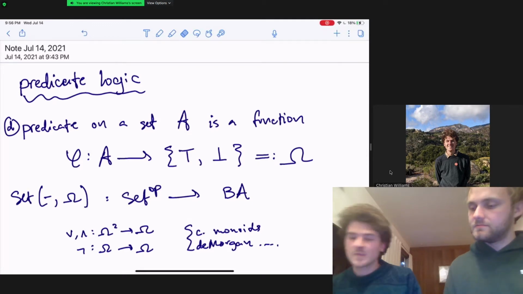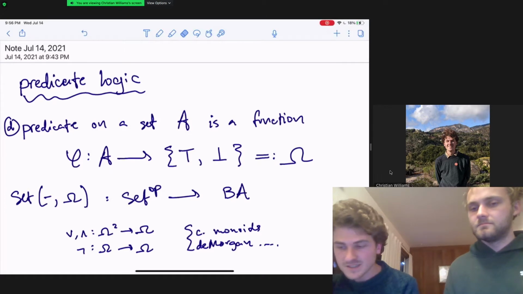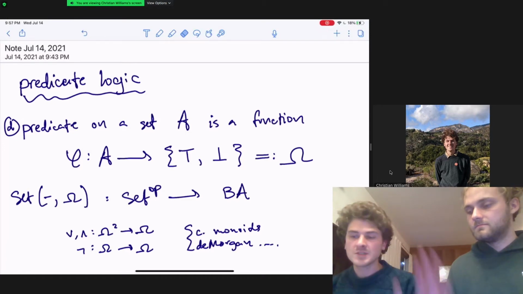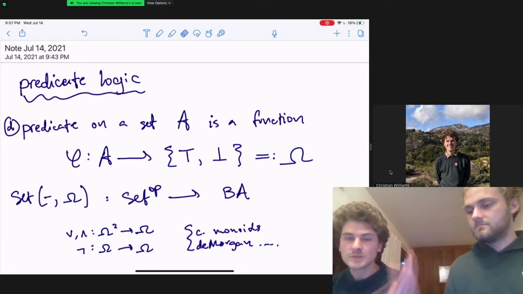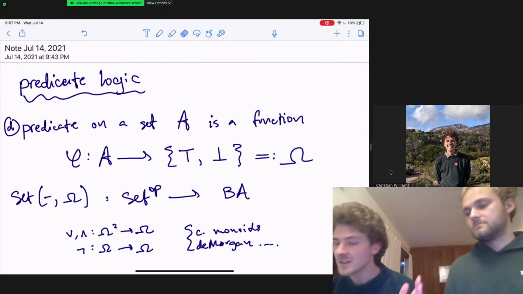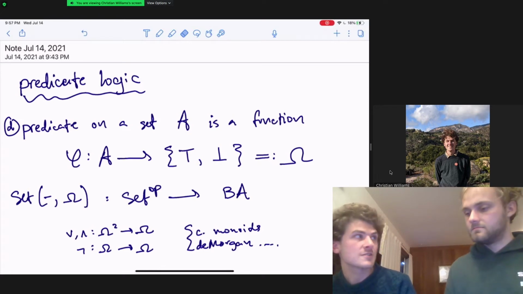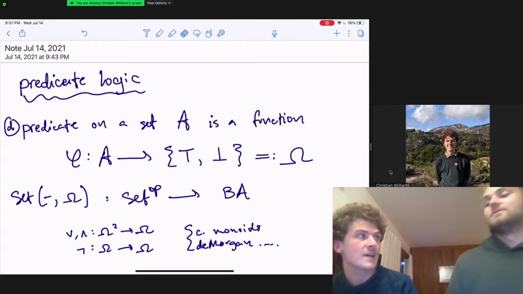It turns out the amazing fact that's the starting point of categorical logic is that the whole system of predicate logic, that whole rich system that we're implicitly using all the time throughout math and throughout life, is somehow encapsulated by this functor and the nice properties that it has.